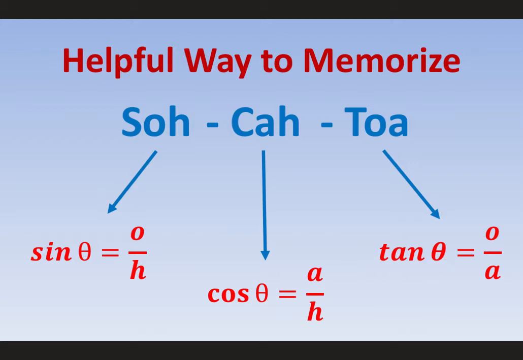The tangent of an angle is the opposite over adjacent. We say SO, sine opposite hypotenuse, CA, cosine adjacent hypotenuse, TOA, tangent opposite adjacent. So it's just a helpful way to memorize which trig functions get which side lengths. This is something you should have seen before in a previous math class, and hopefully it seems fairly familiar to you.